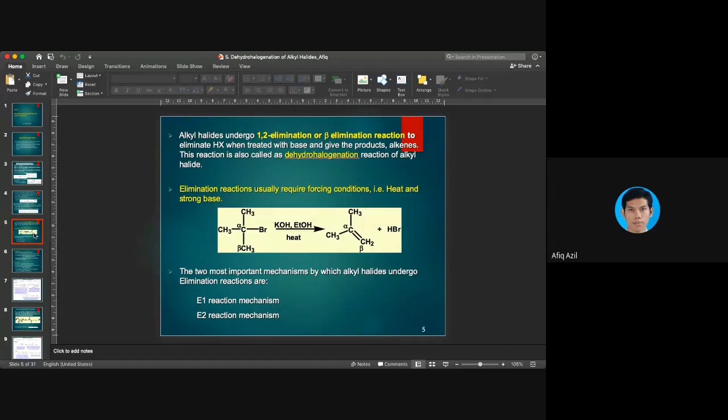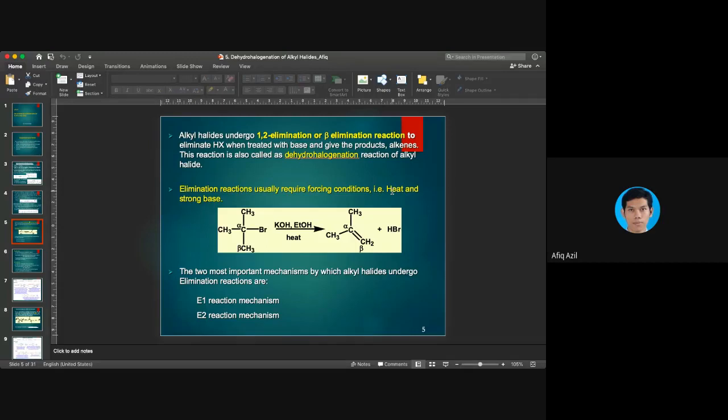For the elimination reactions, alkyl halide will undergo the beta elimination to eliminate HX, hydrogen and also halogen, when it is treated with base to give alkenes. So your product will be alkene. Just now in substitution reaction, the product depends on the type of reagent that you add.